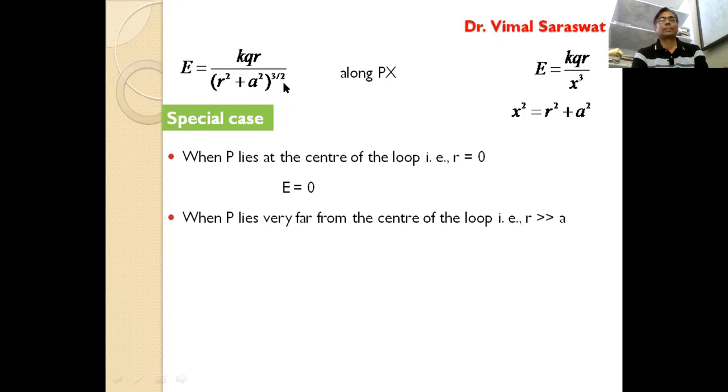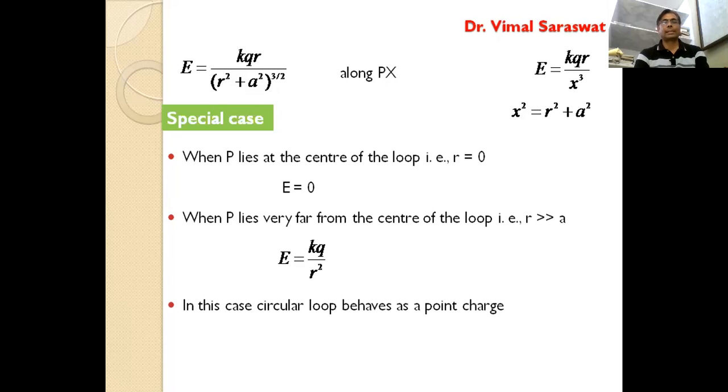So r square power 3 by 2 will be r cube, and one r will be cancelled out, and hence the electric field at P in this case will be E is equal to kq upon r square. This result is the same as we obtained for a point charge. It means when the point P lies very far from the center of the loop, the loop behaves as a point charge.